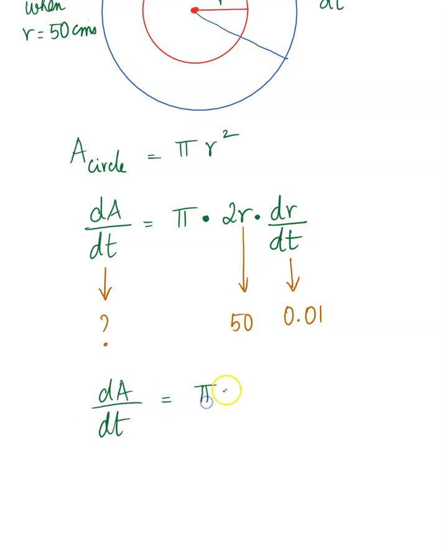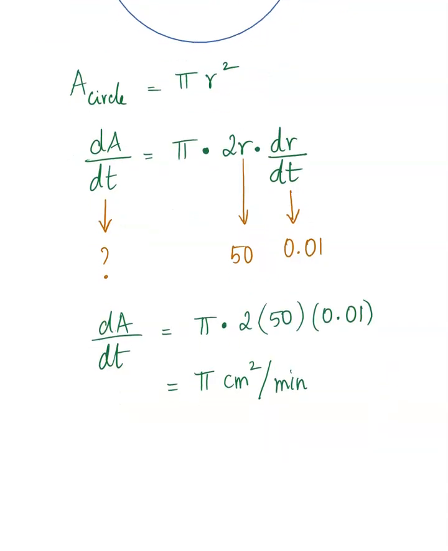So pi times 2 times 50 times 0.01. If we do all the computation, we get pi. And because it's area over time, the unit is centimeters squared per minute. You can leave it like that because it was a nice pi, or you could make it 3.14 square centimeters per minute. So that was a nice convenient problem. We'll look at another type in the upcoming problem.